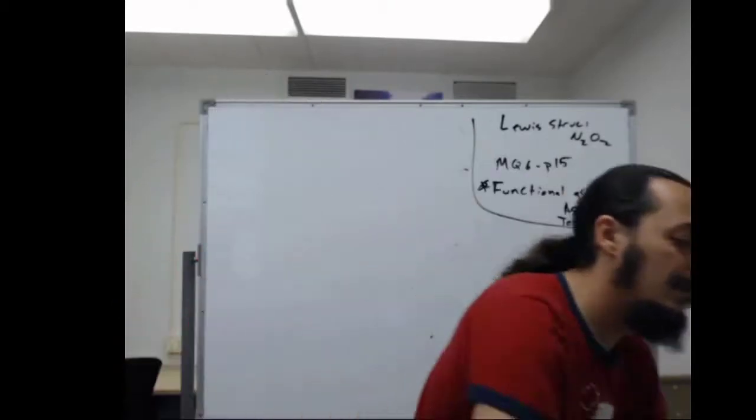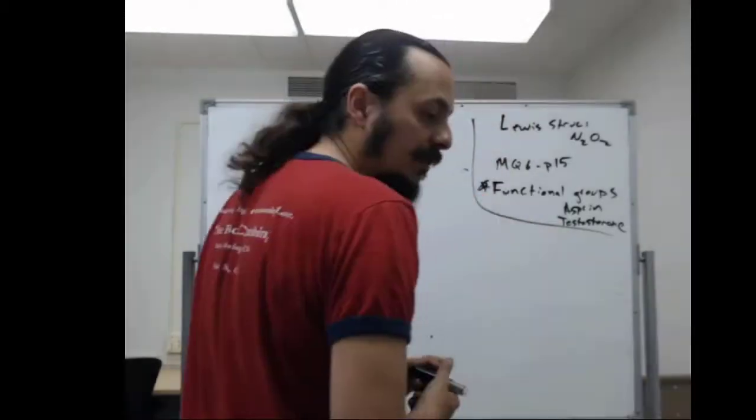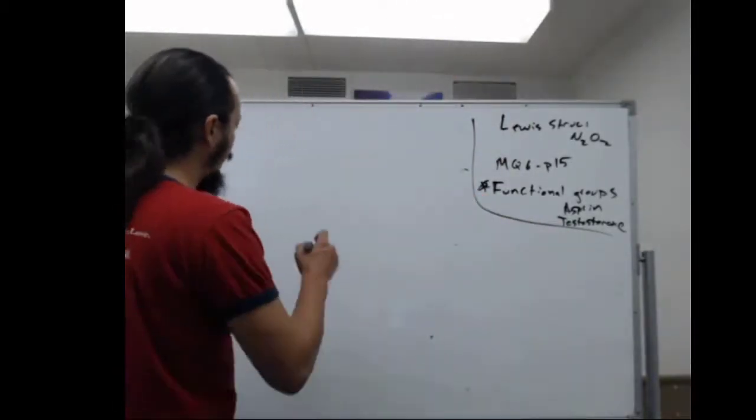This is in the molecular structures activity. It asks us to identify the number of functional groups in testosterone and in aspirin. The thing that usually catches people off guard is they try to count things as separate functional groups. So I'm going to focus in on one on the aspirin.